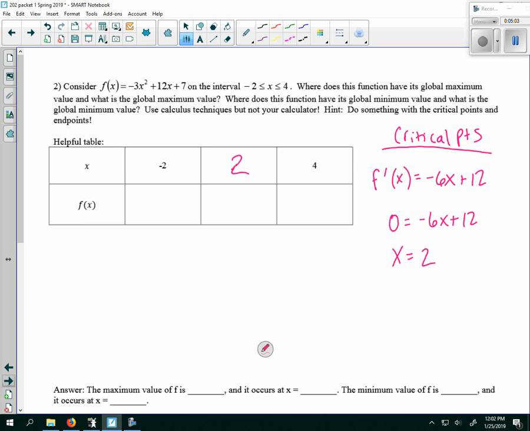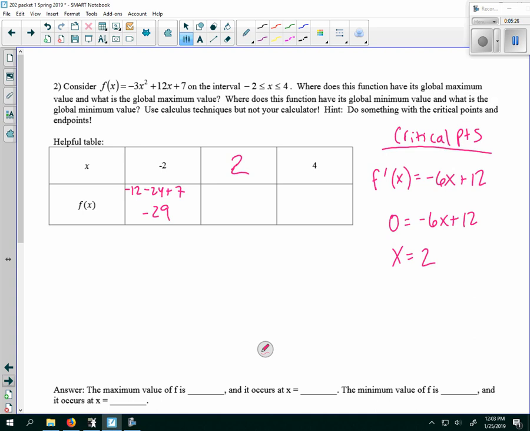So I'm going to plug each of these x values into the original function f, negative 3x squared plus 12x plus 7. So when I put in a negative 2, I get negative 3 times 4 is negative 12, minus 24 plus 7. So it's negative 36 plus 7 is negative 29.